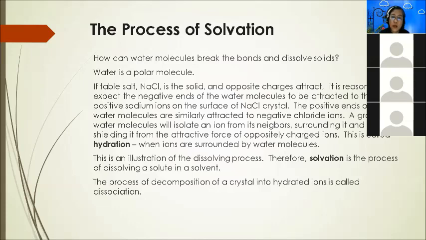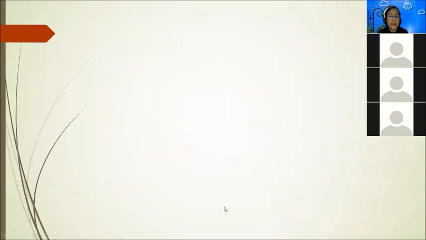Sodium chloride is an ionic compound. When they are in an environment of polar molecules, they tend to be dissociated. That is what it means. So, that's how water molecules can break the bonds in sodium chloride.